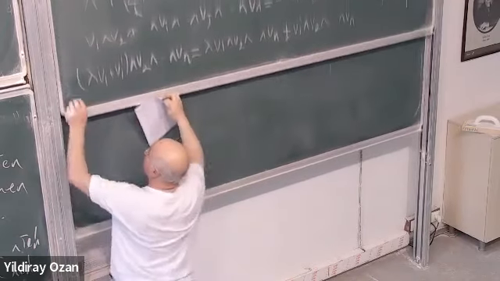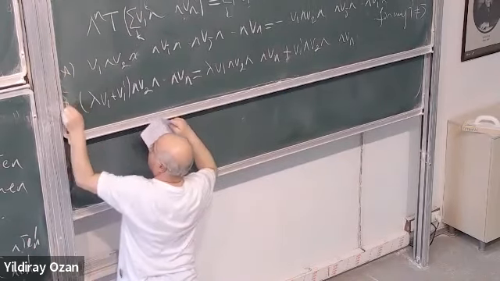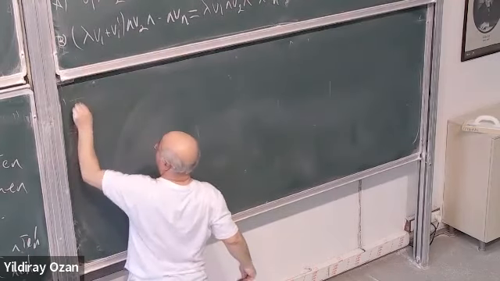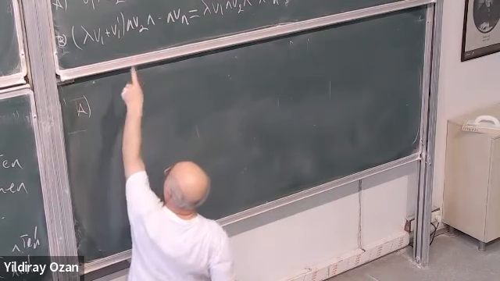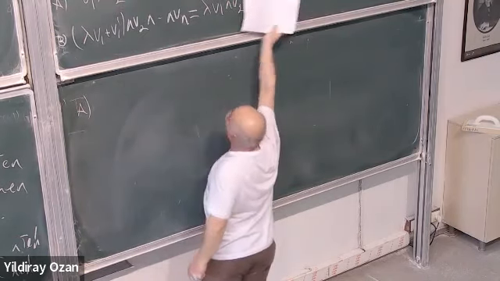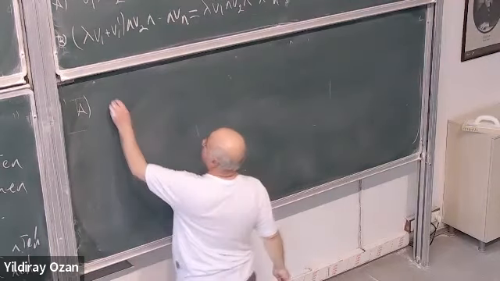Şimdi şuna bakalım. Şuna A diyeyim, şuna B diyeyim. A'yla B'yi, so let's see that our map sends this element and this element to the same thing. How can we see that?